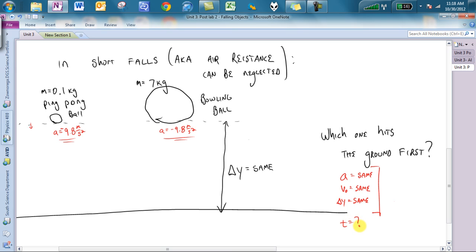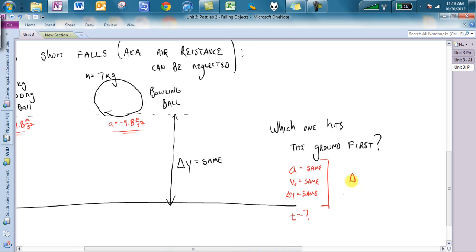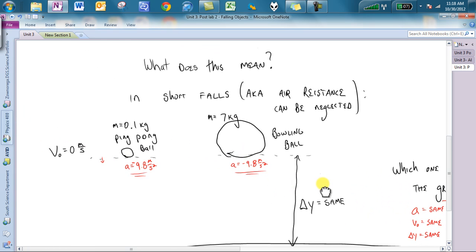And you'll notice if we pick one of our famous equations, delta y is equal to 1/2 at squared plus v naught t, you will realize if that's the same, that's the same, that's the same, that means t has to be the same. So when you guys come into class tomorrow, we will run this experiment. We will realize that the time it takes for these two should be the same. So this is a huge application.